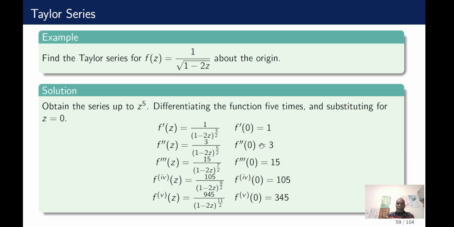If you now substitute z equals 0, all the denominators are going to evaluate to 1, which means if you evaluate at 0, you just get the numerators, which are 1, 3, 5, 15, 9, 45. So those are the numerators.